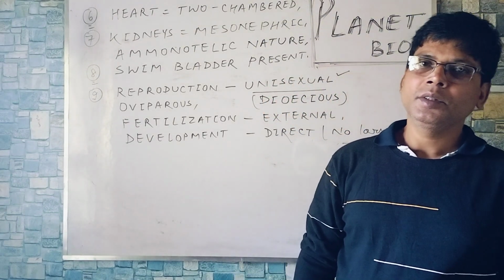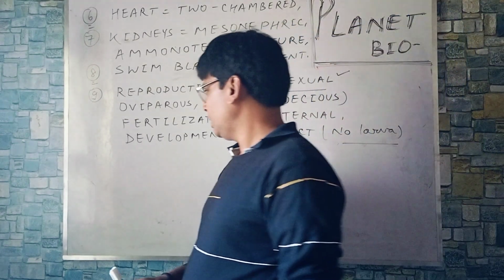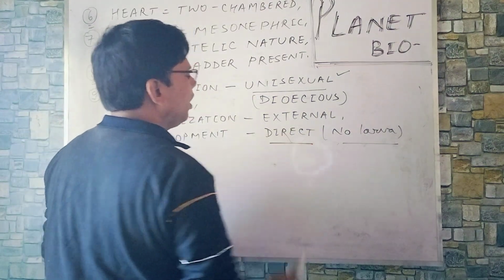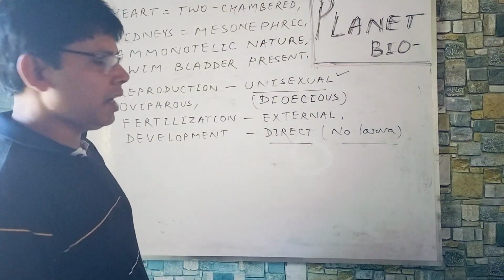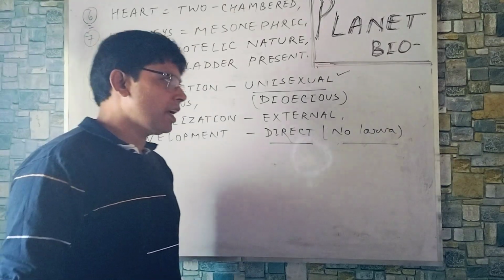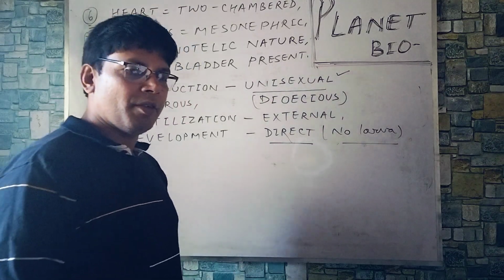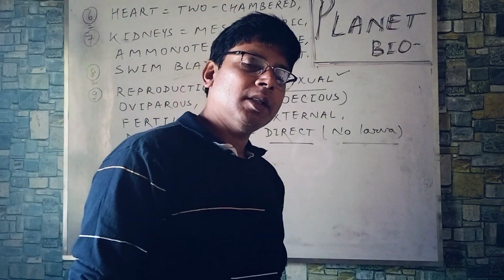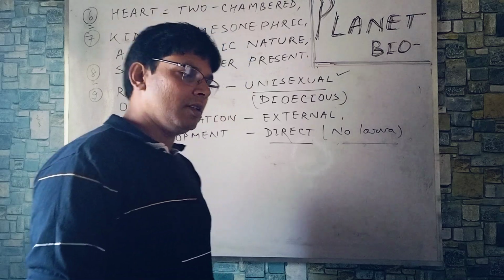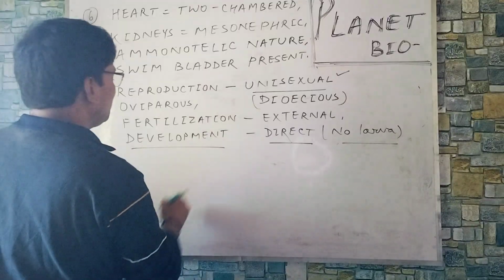There are certain exceptional cases, but here you can write as per the NCERT textbook: the development in bony fishes is direct, no larva, but certain intermediate stages may be found, and you can write fishlings, fingerlings, fish fry. These are the intermediate stages. So no larva, direct development.